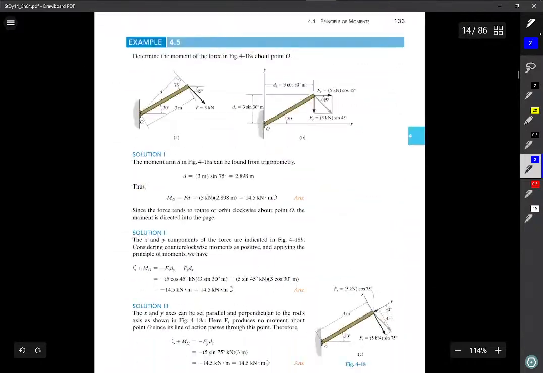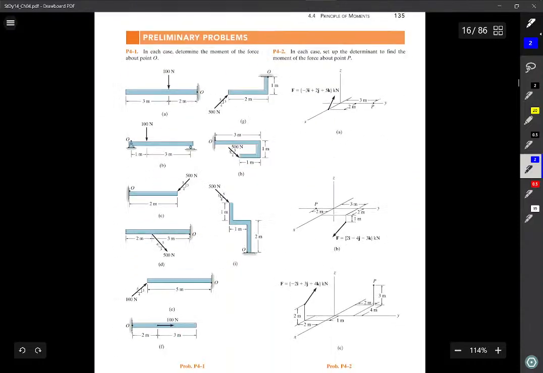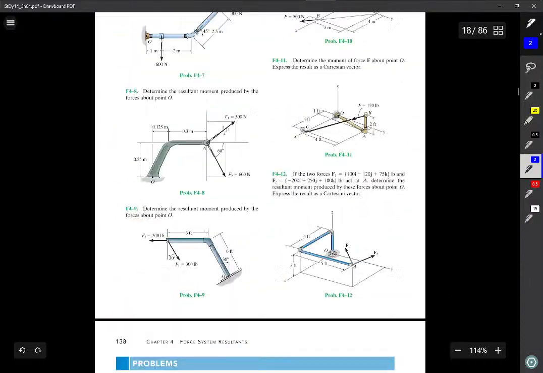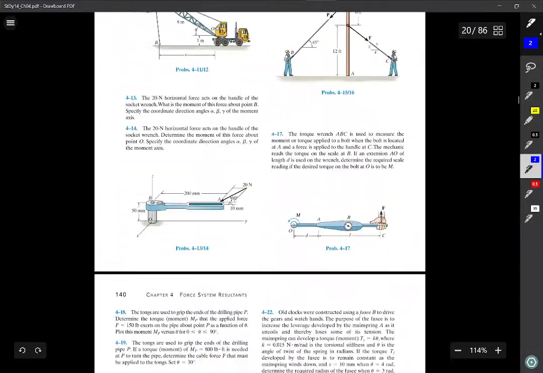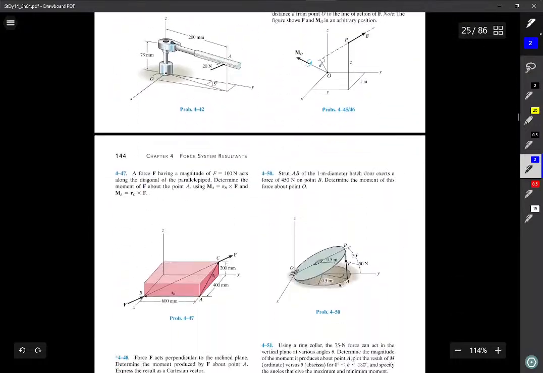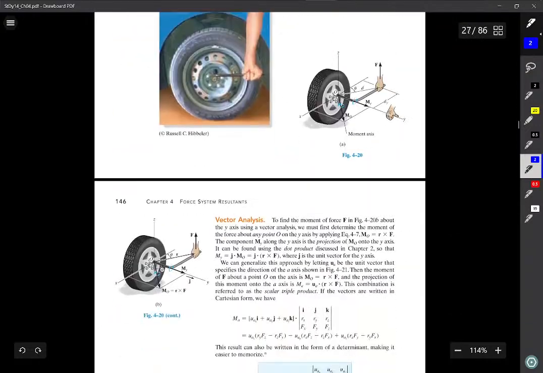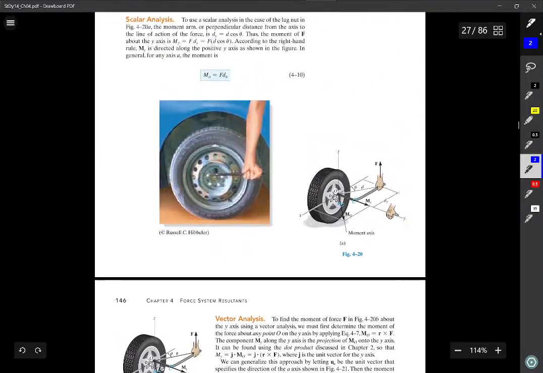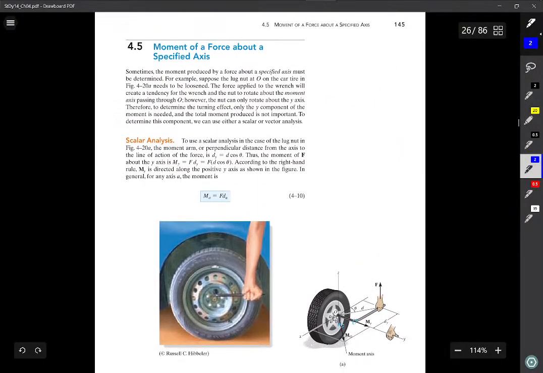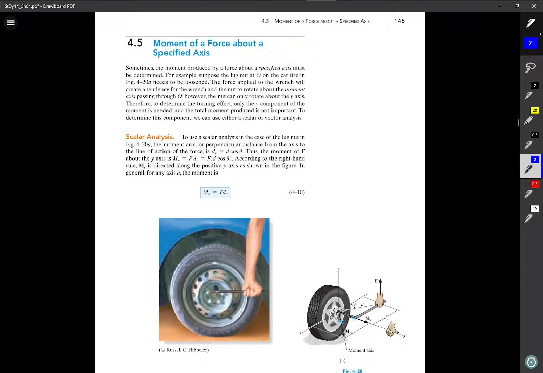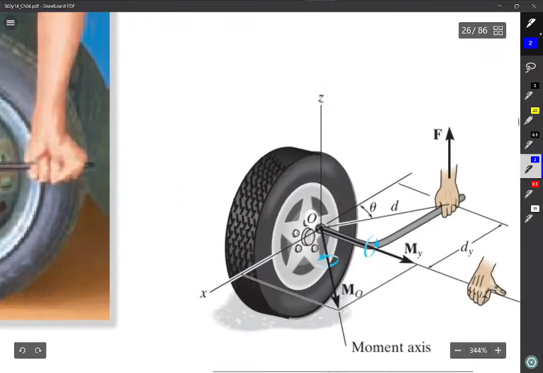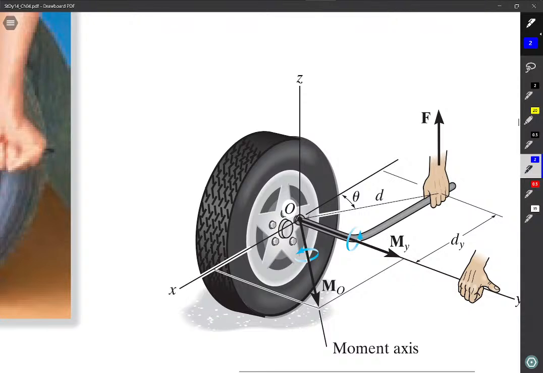Now, you go on into this, and there are a lot of sections that have some interesting simplifications. Let's go down to here. Now this is not a simplification. This is an application, if you will. This is a pretty standard looking tire iron.